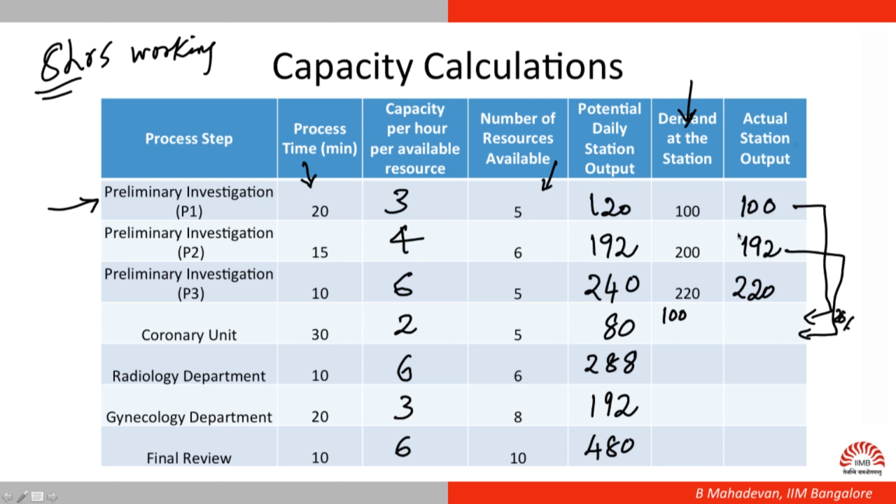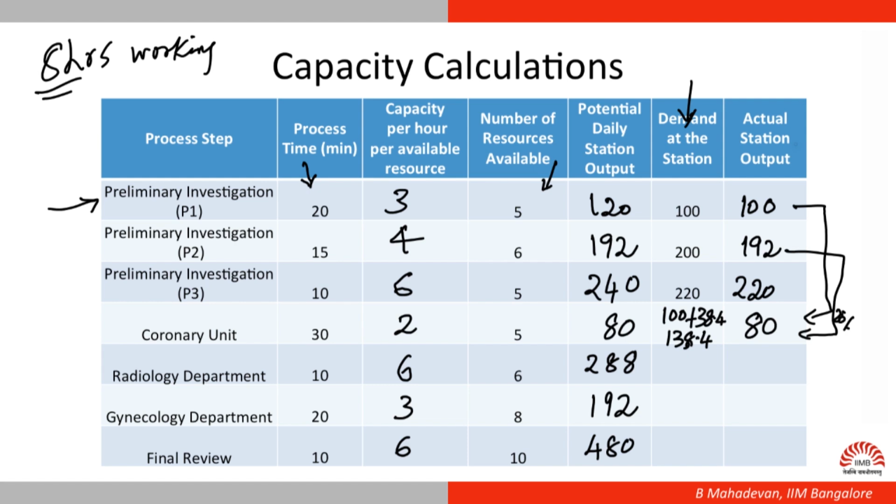So, 20% of 192 makes it 38.4. So, totally it is going to be 138.4. Now, the demand is 138.4, the output is 80. So, the actual output cannot be more than 80, which is the minimum of the 2.